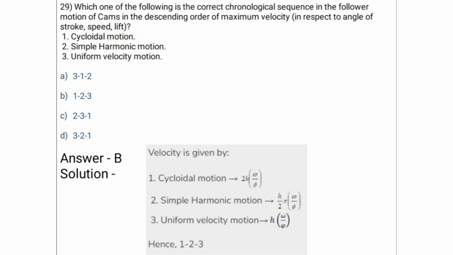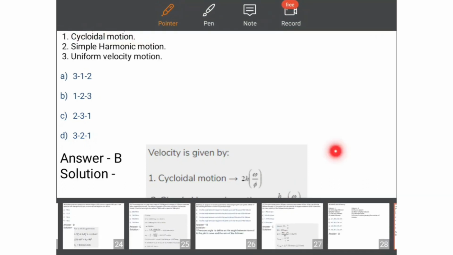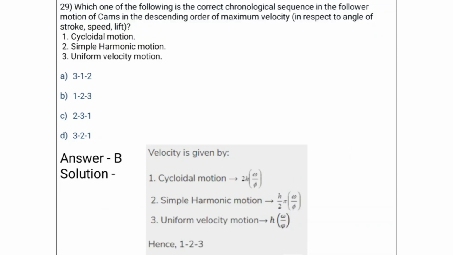For cycloidal motion, you know the formula is 2h omega divided by phi. If you put the values from question number 27, we will get the required answer here, 1.499. For simple harmonic motion, you will get the answer 1.178, and for uniform velocity motion, h omega divided by phi, you will get 0.749.